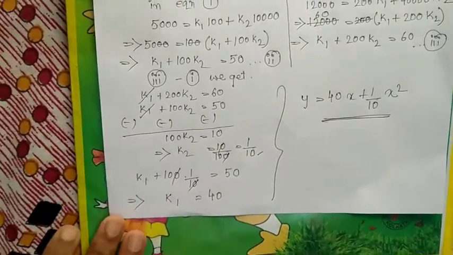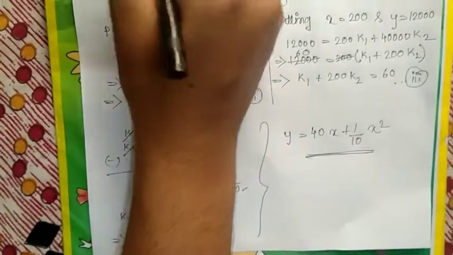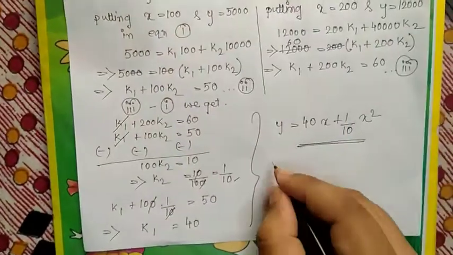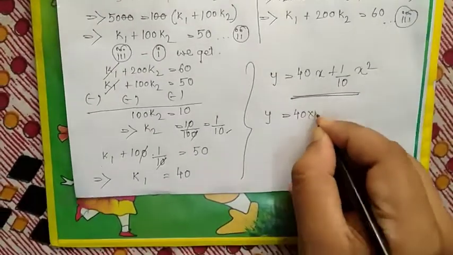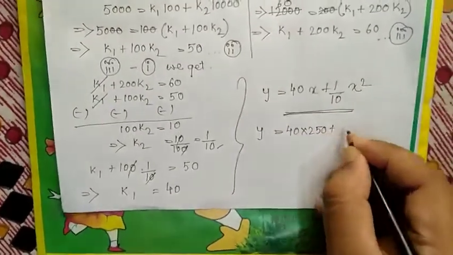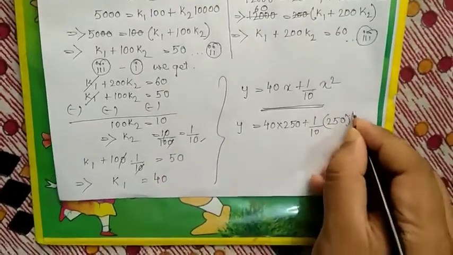Now this is the equation. So now we have to find the cost of digging a well of 250 decimeter. So y equal to 40 into 250 plus 1 by 10 into 250 whole square.